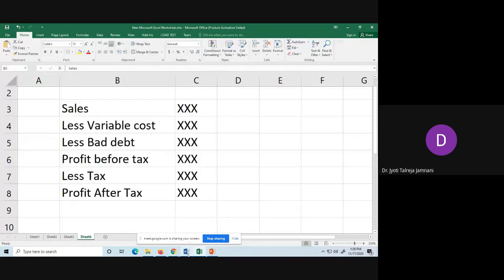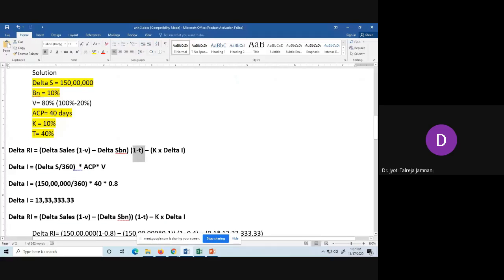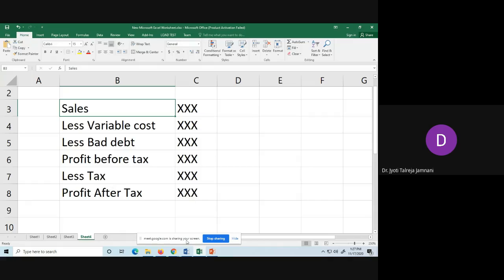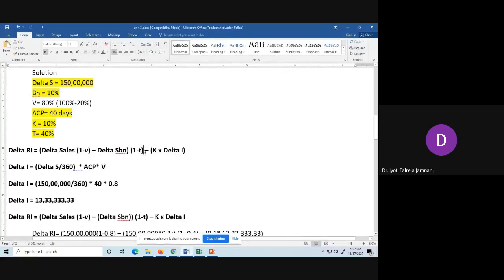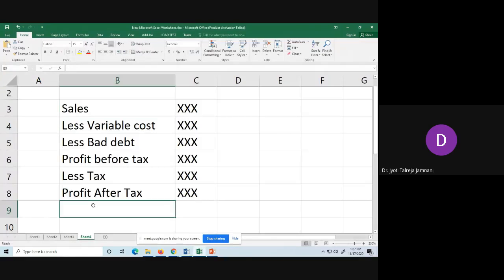From this, we are minusing tax. See here, 1 minus tax is removed. When you multiply it with 1 minus tax, you are removing tax, and if 40% is the tax, you're removing 0.4 and only taking 60% of it. So after you minus tax, you'll get profit after tax. From this, at the end, we minus the cost of additional investment.